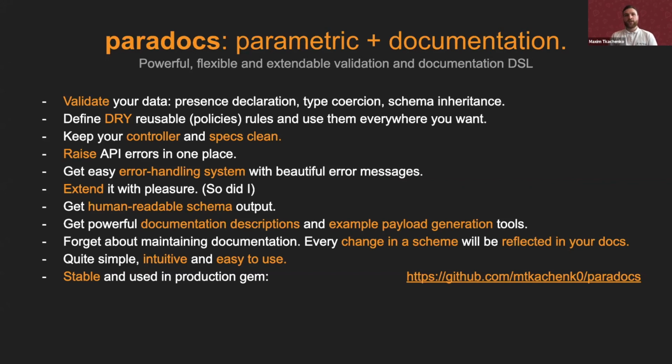So let's say in other words that Parametric is dry-validation and dry-schema, that's all. Paradox is a gem that uses this logic to build documentation, and it's focused on it.